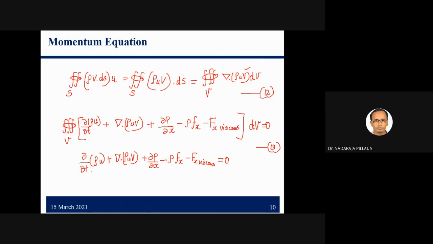So can we write the y equation? This is the x momentum equation.